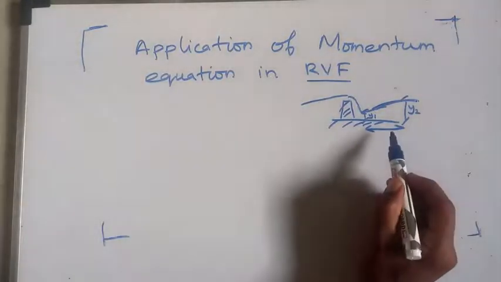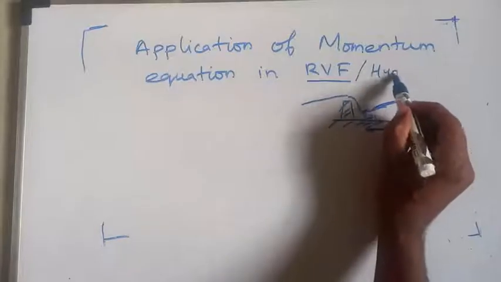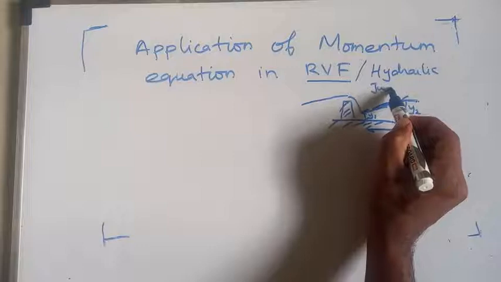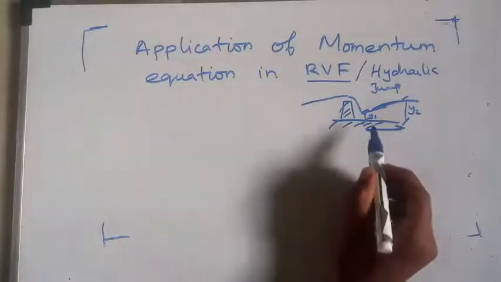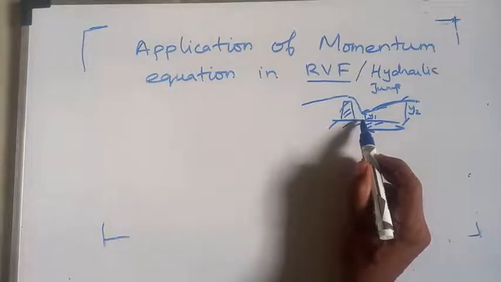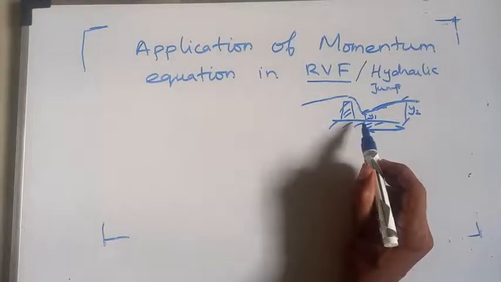Since in rapidly varying flow or hydraulic jump, losses will be more, because from y1 to y2, you may see in spillways, a pathway which is used for removing excess water from dams.